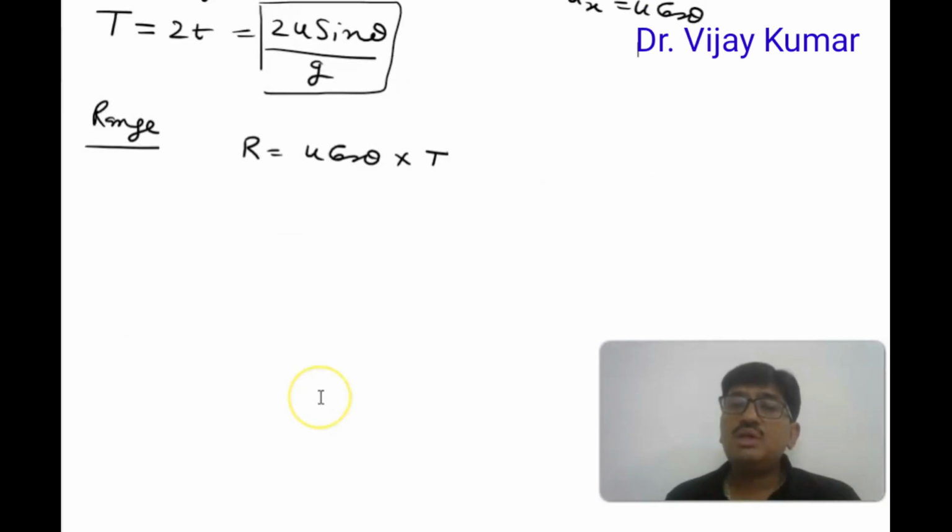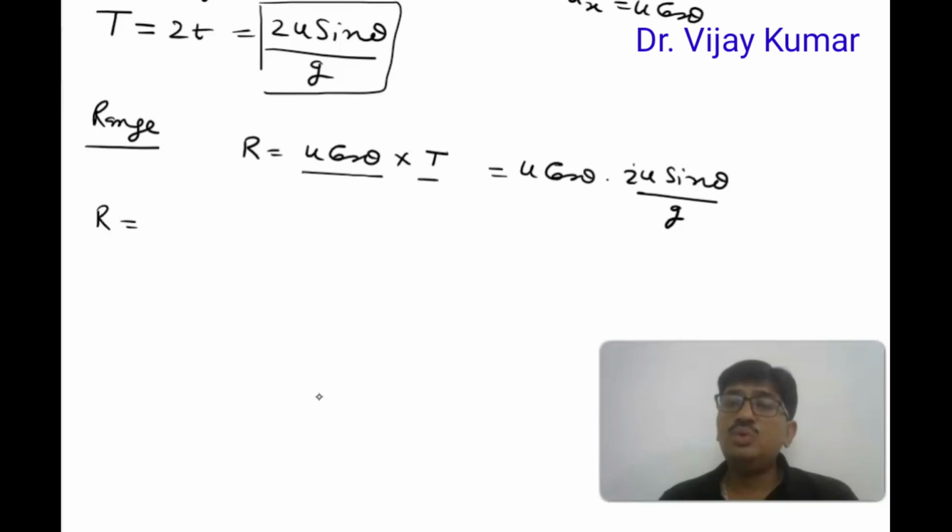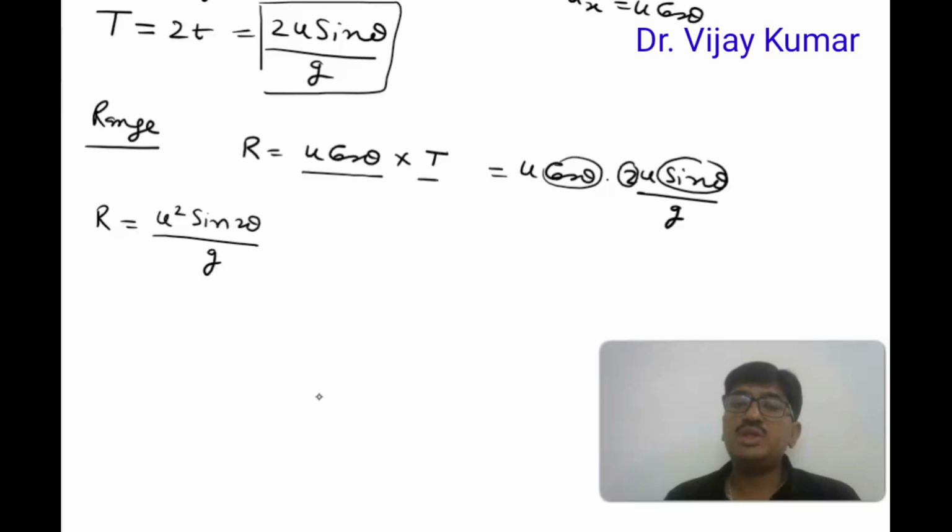So range is the horizontal component of velocity times the time of flight, that is u cos theta into 2u sin theta upon g, or range equals u square times 2 sin theta cos theta, which is sin 2 theta, upon g. So the range is u square sin 2 theta upon g.